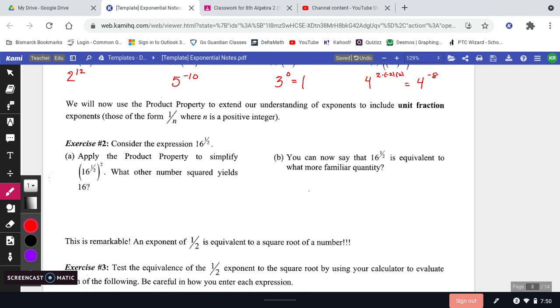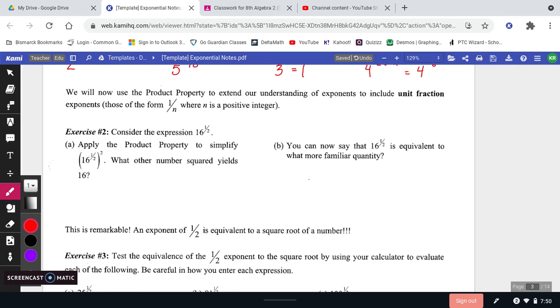Okay, now we're going to use some of these rules to look at exponents that are fractions. So if we look at 16 to the 1/2 power, so if you do 16 to the 1/2 squared, that's a power to a power, so that would be 16 to the 1/2 times 2 power, or 16 to the 1st.